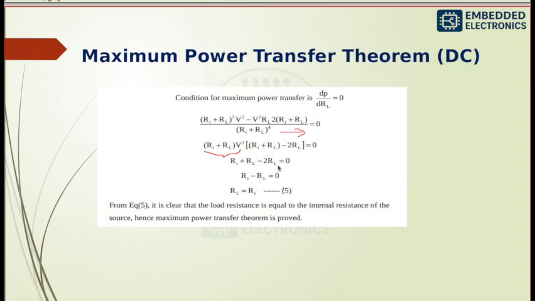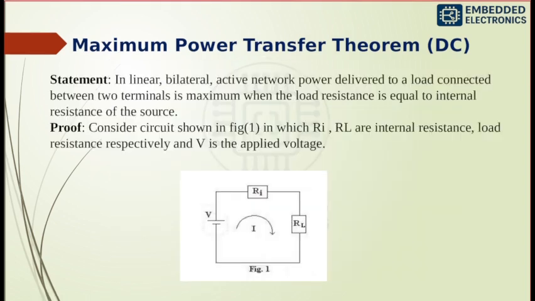Then write this one as it is. RL minus 2RL means minus RL. Then Ri equals RL. Hence the maximum power transfer theorem is proved. It is already mentioned in the statement: when the load resistance equals the internal impedance of the source, the power is maximum, right?